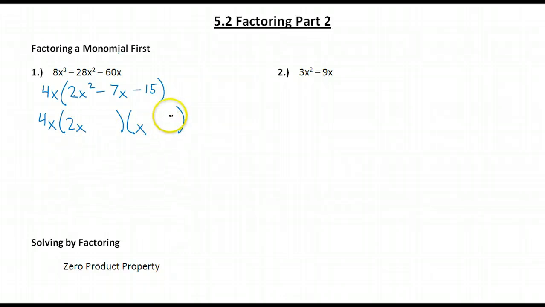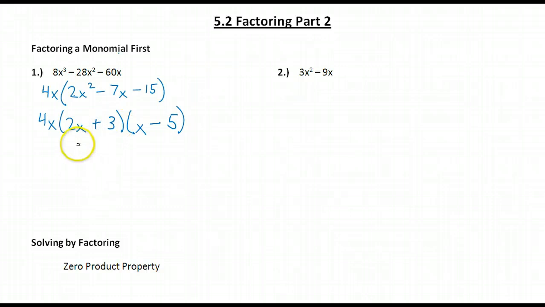Well, if I put a 5 here, this 5 will be paired with this 2. Now if I put a 3 here, this 3 will be paired with this 1.